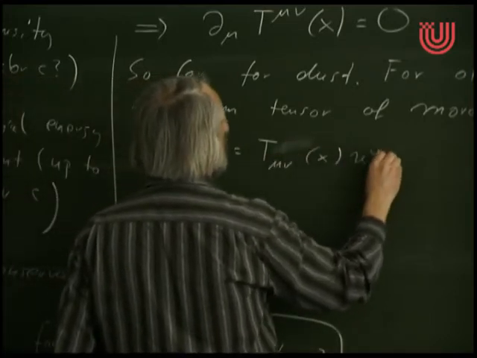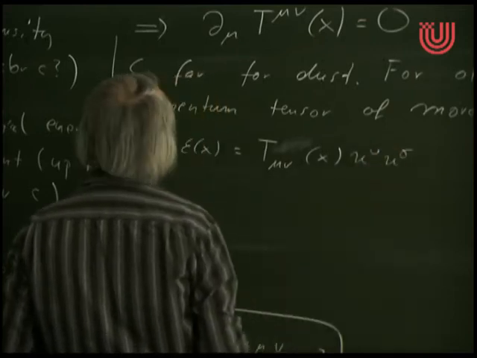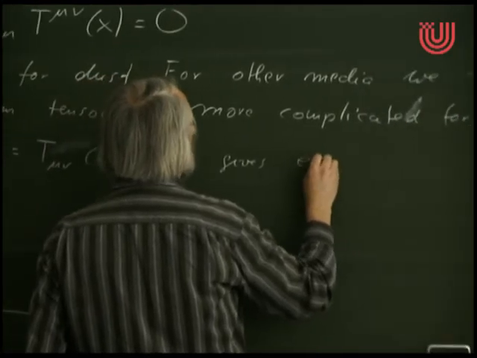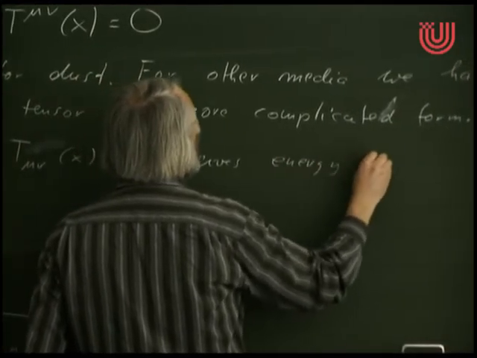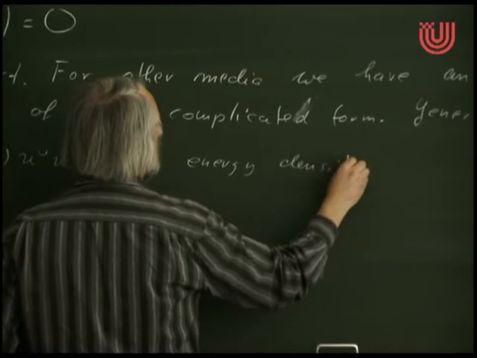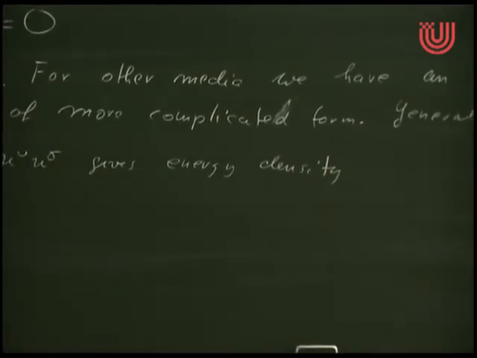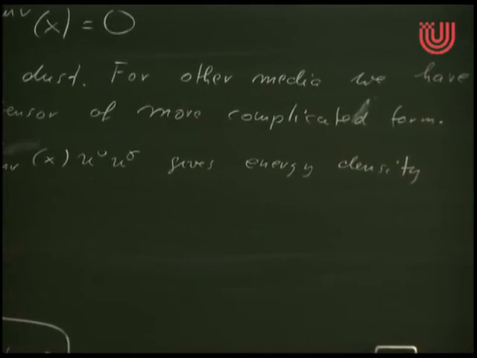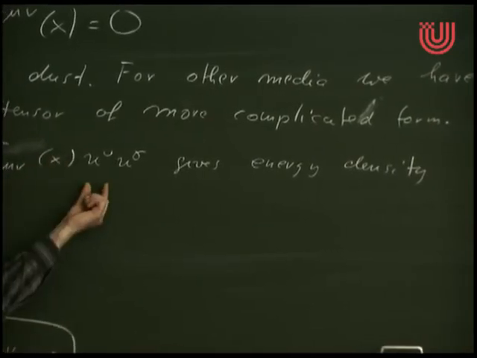T mu nu u mu u nu gives the energy density. Whenever somebody tells you the energy momentum tensor of the particular medium he wants to describe, you can calculate the energy density with this formula for any observer.